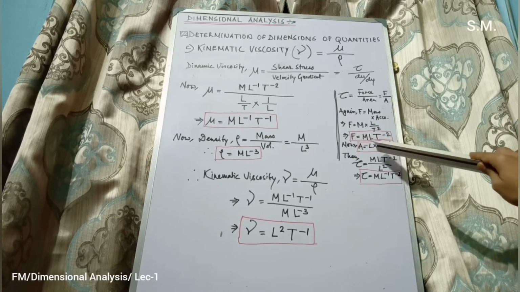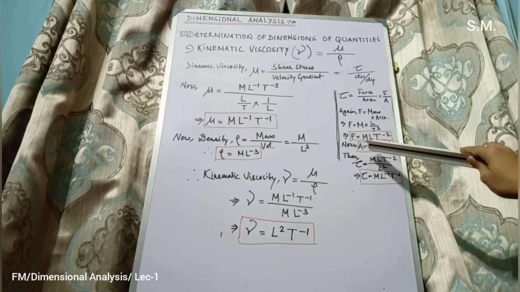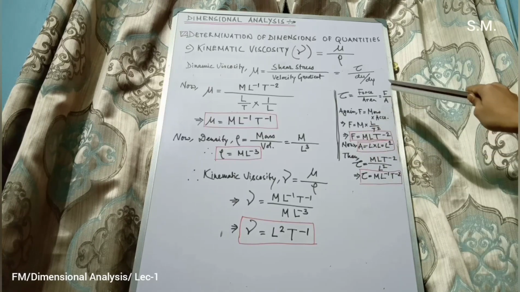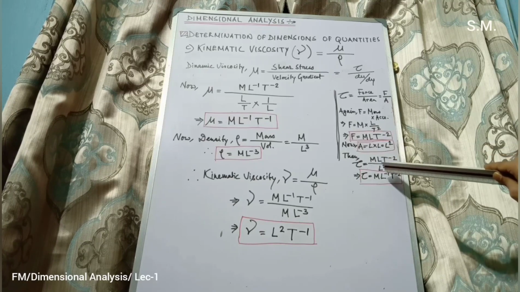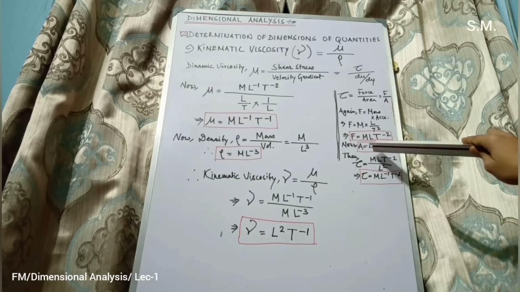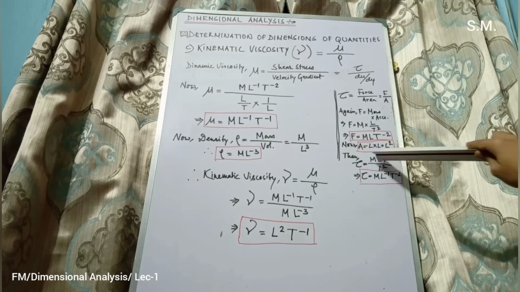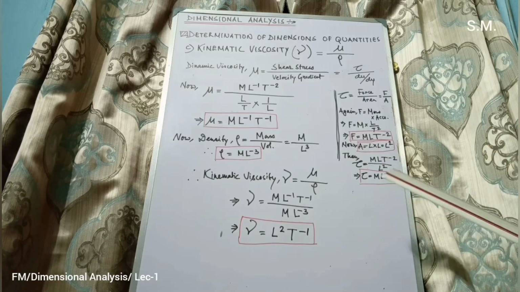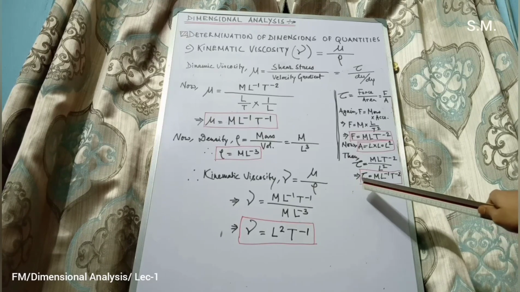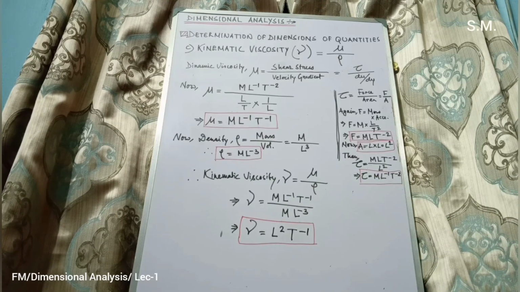We are putting the value of F here and the value of A here, and ultimately the dimension of stress becomes M L inverse T inverse 2.